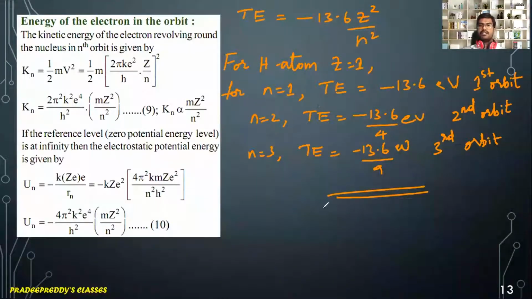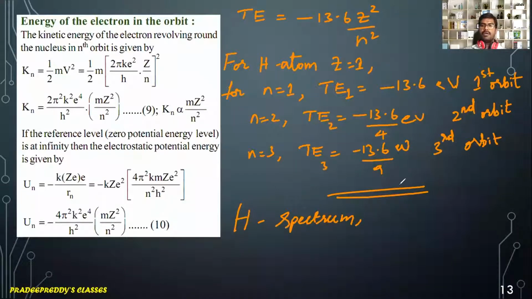Based on this total energy calculation, we can explain the hydrogen spectrum. As we know, there is an energy difference between the first orbit, second orbit, and third orbit.